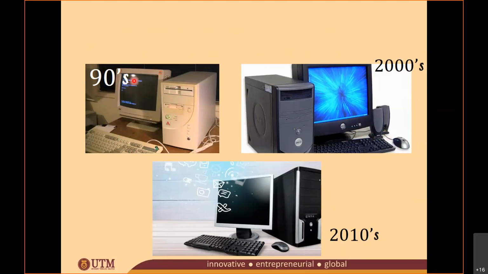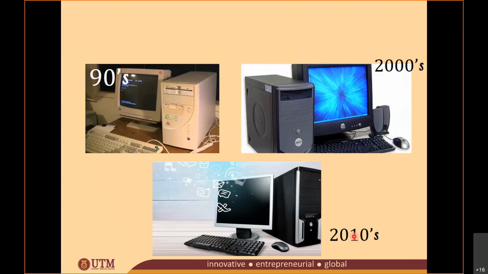In the 90s, for the hard disk, maybe it used an HDD. But in 2000 and 2010, we use SATA. Other than SATA, we have another kind of disk, called SSD.